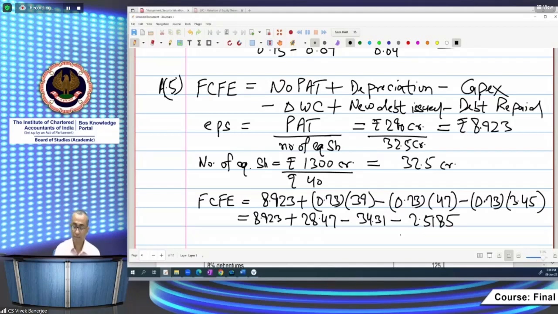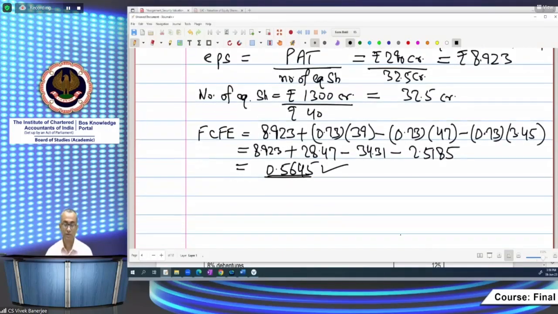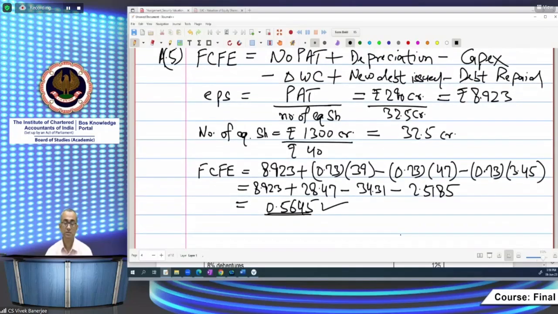That is coming to 0.5645. So FCFE, or free cash flow to equity, is 0.5645.